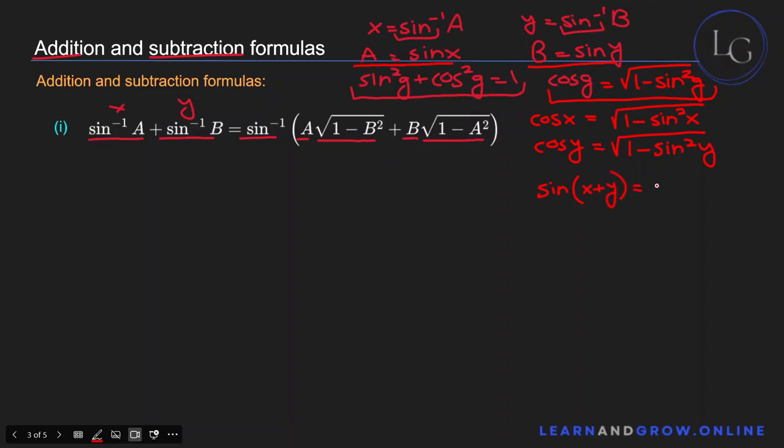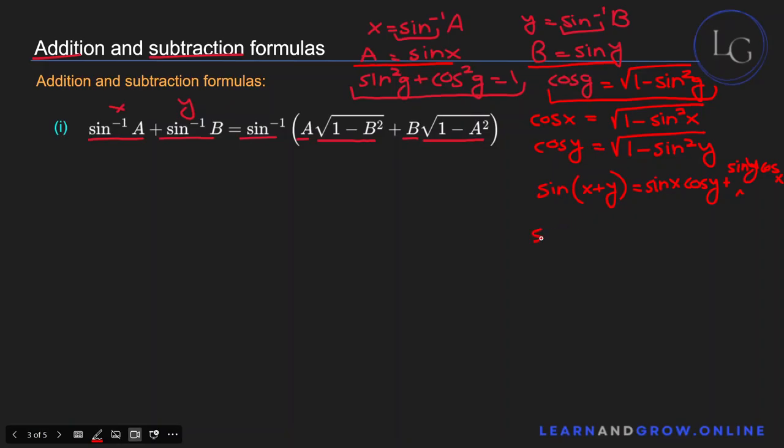Now let's look at another trigonometric identity, which says that sine of x plus y is equal to sine x cos y plus sine y cosine x, right? Now apply that. We already have the values of sine x, sine y, cosine x, and cosine y, so apply those over here.